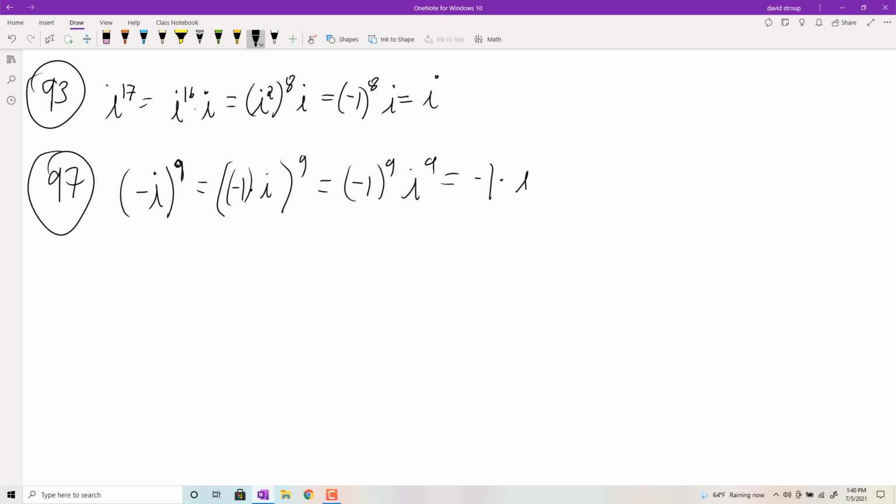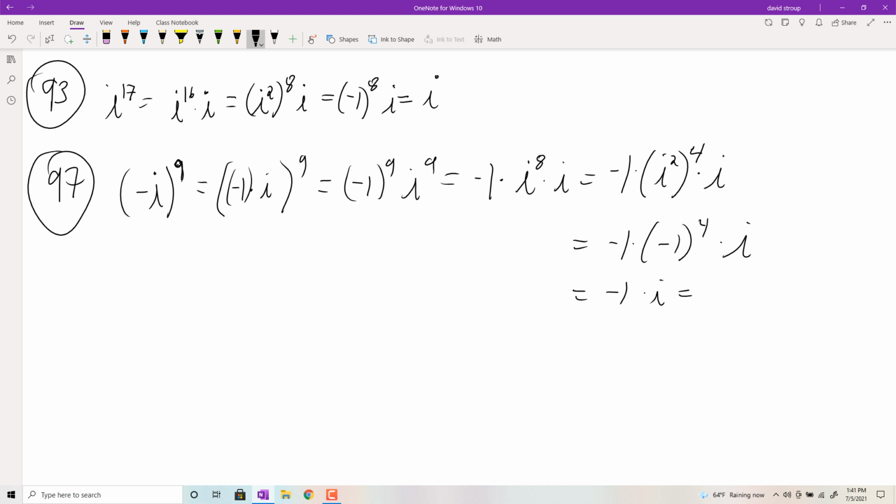I to the 9th I'm going to rewrite as I to the 8th times I. And then I to the 8th, of course, is I squared to the 4th times I. And then I squared is, of course, negative 1. And then negative 1 to the 4th is positive 1 times I. So you get just negative I. Okay, so it's a bit weird, but there they are.